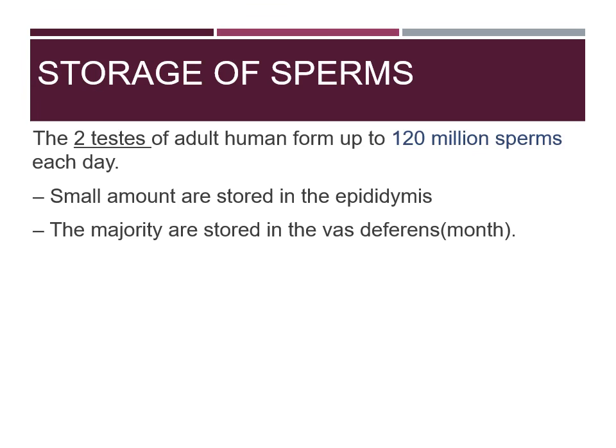Average sperm formation in the two testes of an adult human ranges up to 120 million sperms each day, and small amounts of this number will be stored in the epididymis. The rest will be stored in the vas deferens for up to 1 month. So the life expectancy of the mature formed sperms is only 1 month.